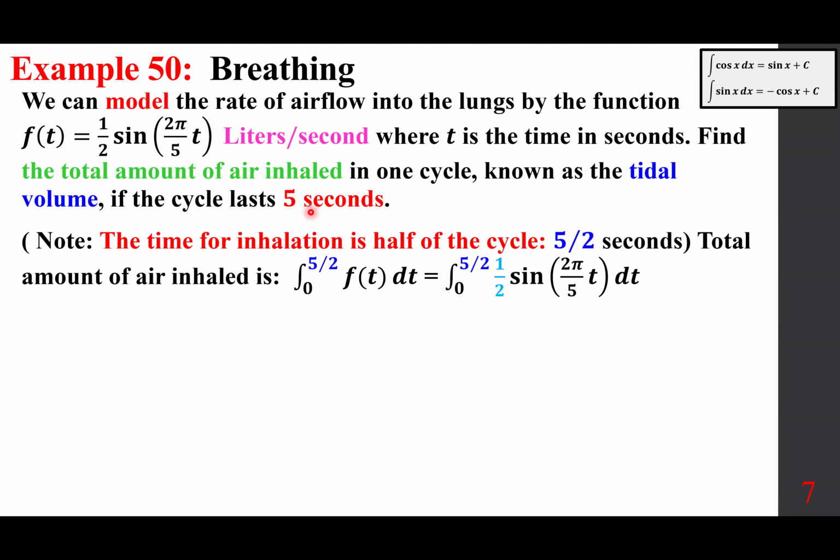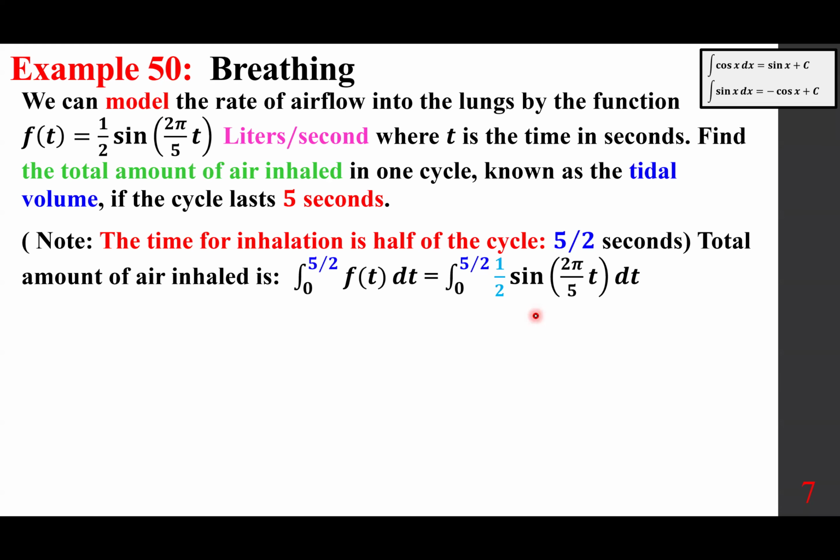Obviously, if it takes 5 seconds in and out, half of that would be for each case. Note the time for inhalation is half of the cycle, 5 halves. So it took 5 halves seconds. Total amount of air inhaled is the integral from 0 to 5 halves of f of t dt. And of course, f of t is whatever they have given us, 1/2 sine of 2 pi over 5 t dt.